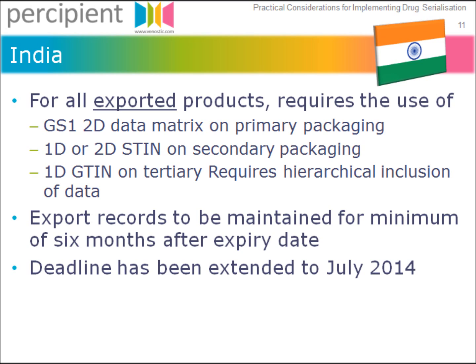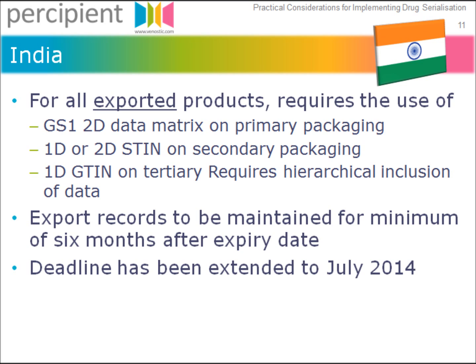So anything that's being exported from India will require the use of GS1 standards, again 2D data matrix on the primary packaging, one-dimensional or 2D, so that should be GTIN, on the secondary packaging, but also the use of GTINs on tertiary packaging as well.